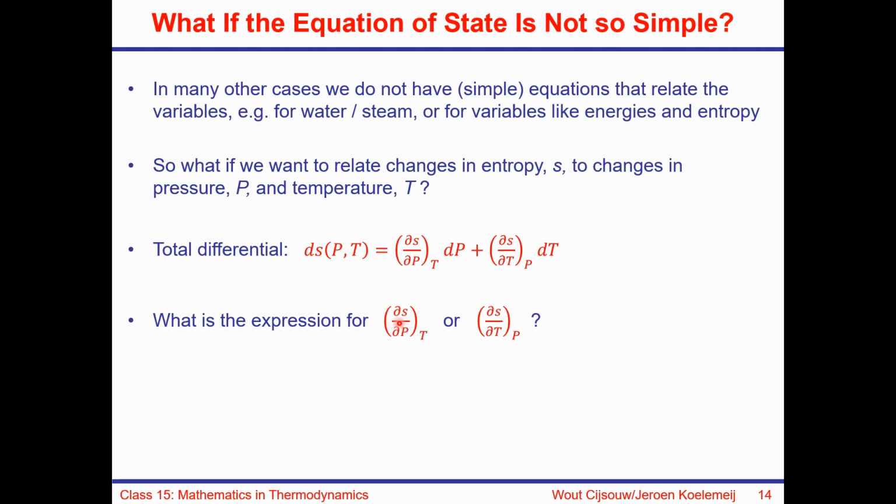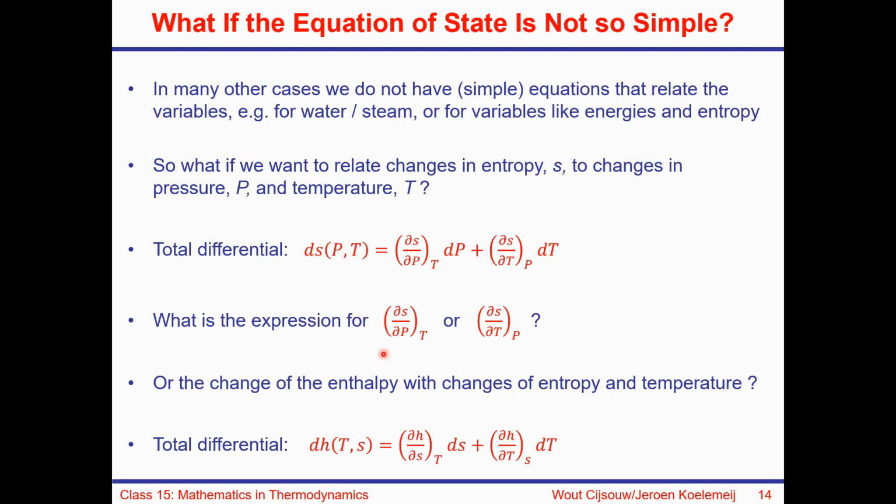But now the question is, what is in fact the expression for this partial derivative, or what is its value? Or let's consider yet another quantity, the enthalpy, which we can express in terms of temperature and entropy. And again, we can write down this expression in terms of partial derivatives, but still we don't know what the values or the expressions are for these partial derivatives.